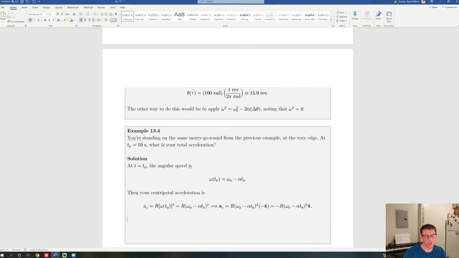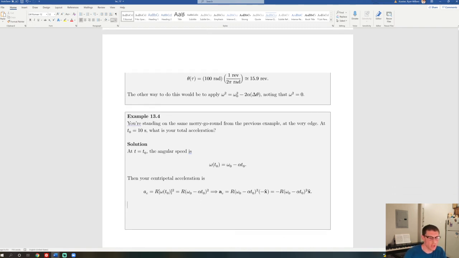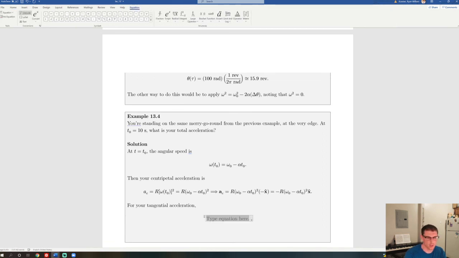Okay, so then we wanted to look at the tangential acceleration, right? And the way that we would do this is, let me just say, for your tangential acceleration, we can use that a perpendicular is just, well, the magnitude of it is just r alpha, right?